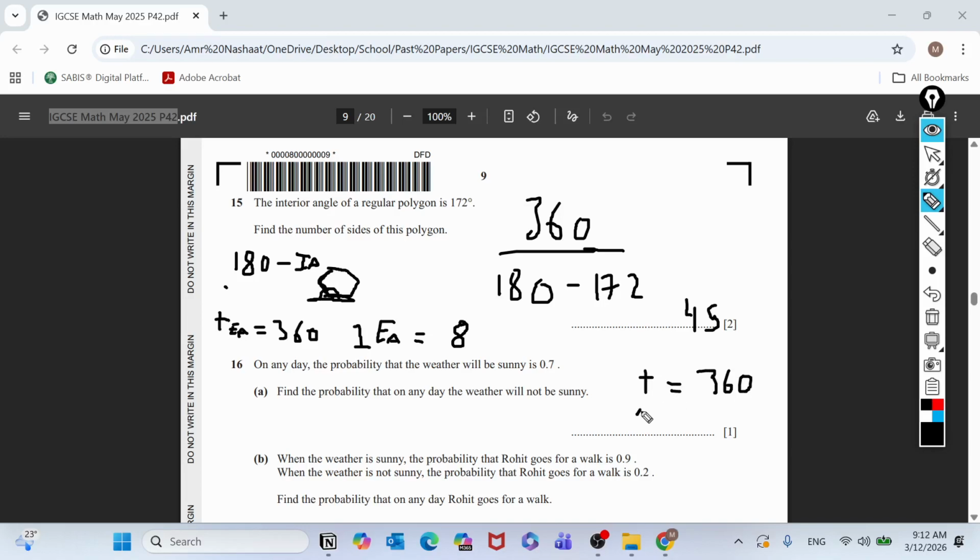If you have 1, it gives you 8. Cross multiply, you're gonna get t equals 45. And that's how we get the formula. This 8 is 180 minus the interior angle, so 180 minus 172. And it's 360 over that. So 360 over 180 minus interior angle.